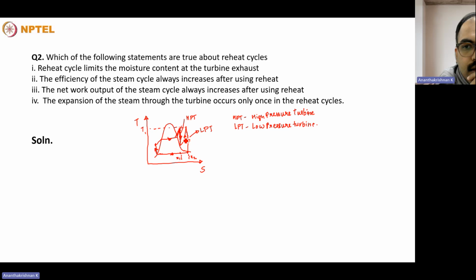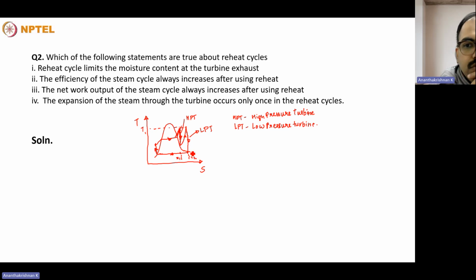So if there was no reheating and then expansion in a low pressure turbine, it would have directly come at x1.